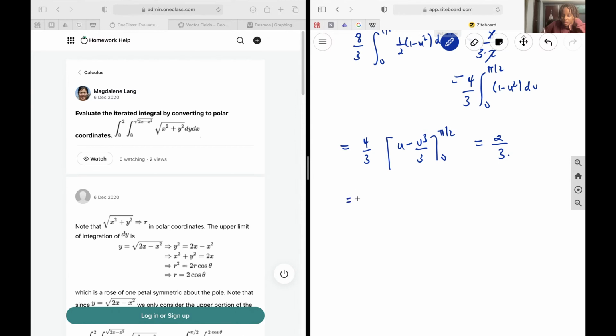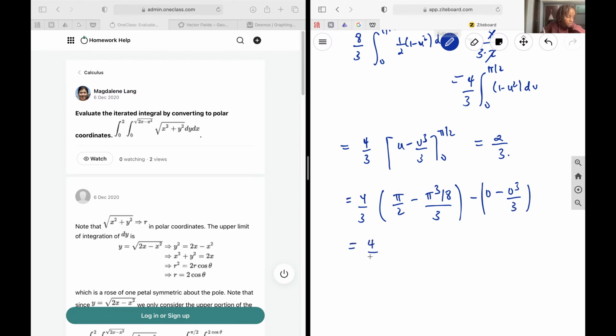But we can just do that together. So this will become pi over 2 minus pi cubed over 8 all over 3 minus 0 minus 0 cubed over 3.